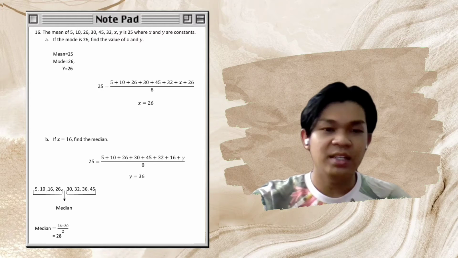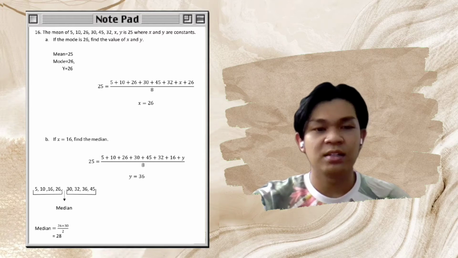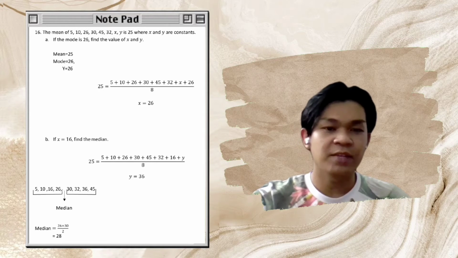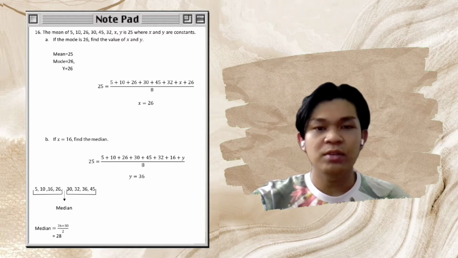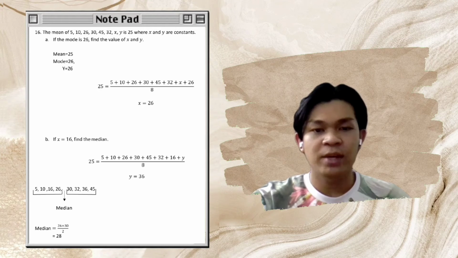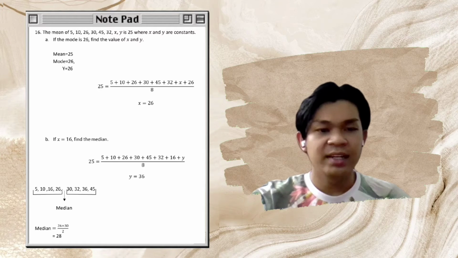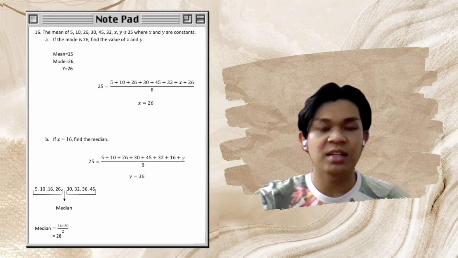Okay, for question B, the information given is X equal to 16, so we can find the median. From the data given, we substitute X equal to 16 and we get the value of Y, so Y is 36. Then we rearrange the data from lower value to higher value: 5, 10, 16, 26, 30, 32, 36, and 45.